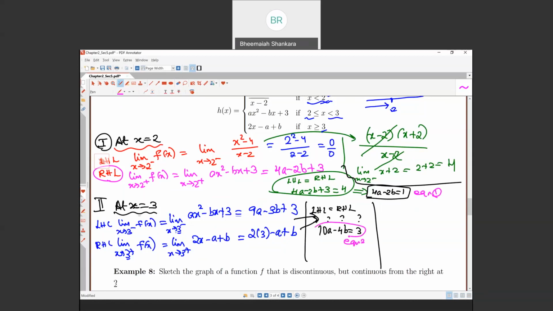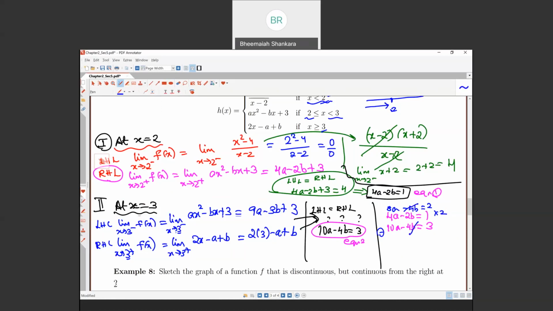Two equations, two unknowns, we all know how to solve it. Elimination method, 4a negative 2b equal to 1, 10a negative 4b equal to 3. So you can multiply 2 to the first equation, rewrite this as 8a negative 4b equal to 2, and then we can cancel the negative 4b by subtracting the equations, negative 4b and negative 4b.